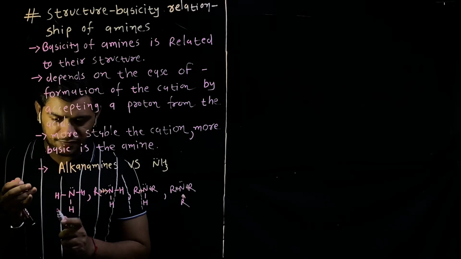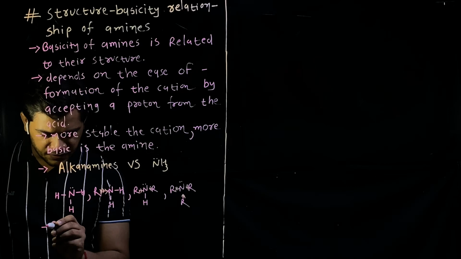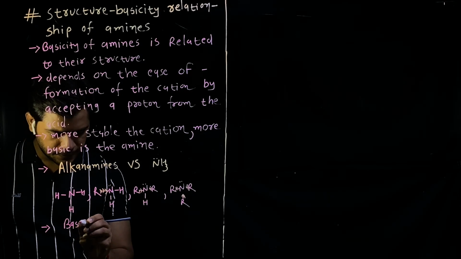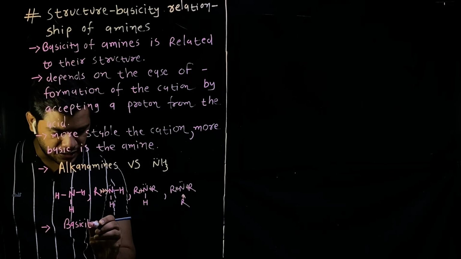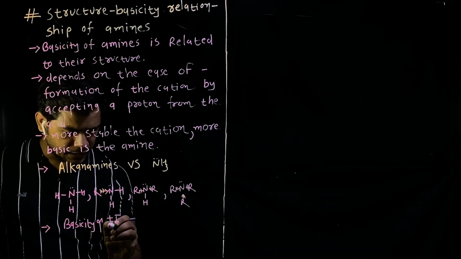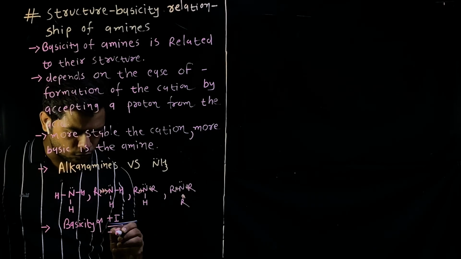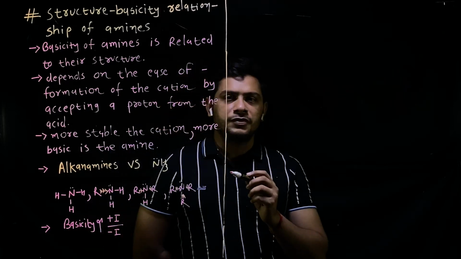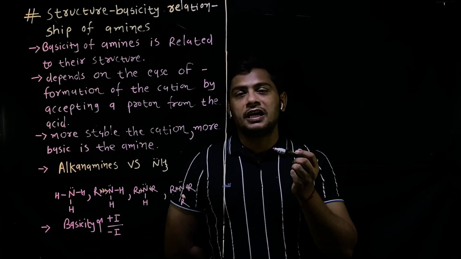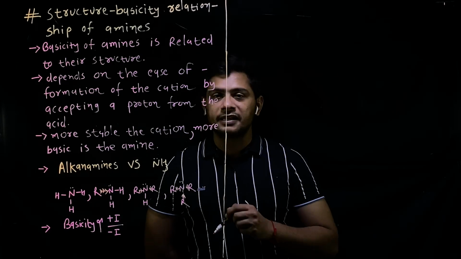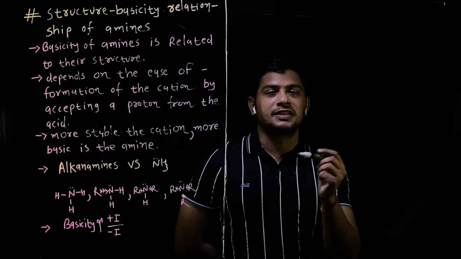Basicity is proportional to plus I and inversely proportional to minus I. And we know that if R is alkyl, then alkyl has plus I effect.